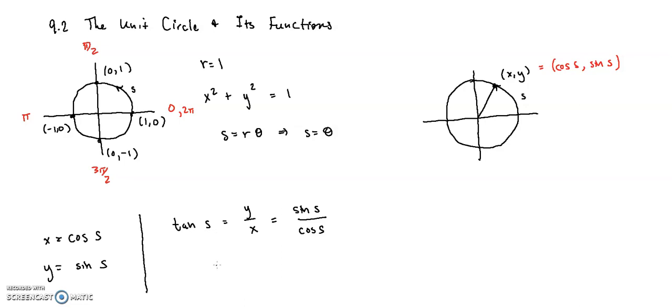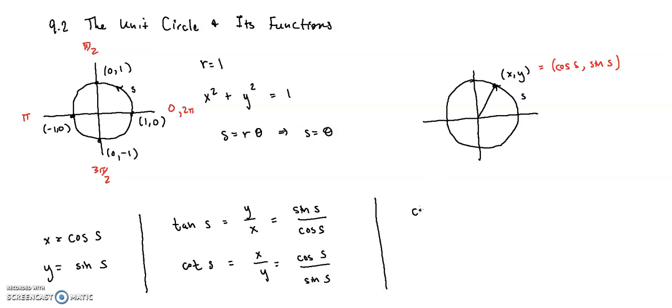The other 3 that we have are the reciprocal functions. So they're the reciprocals of the ones that we have. So if you understand sine, cosine, and tangent, then you should be able to do the reciprocals. So cotangent, whoops, left off my s. Cotangent is the reciprocal of tangent. Okay, so you just take tangent and flip it.